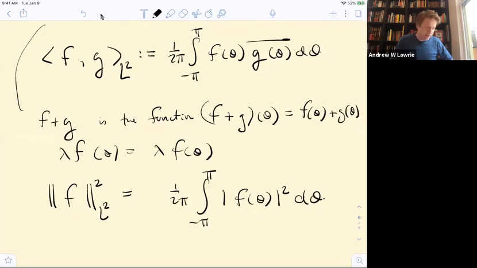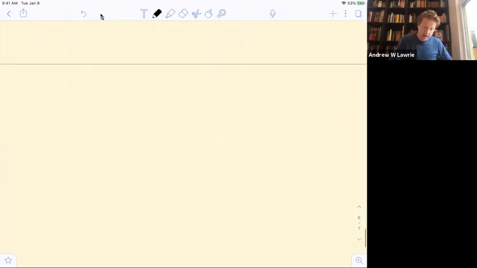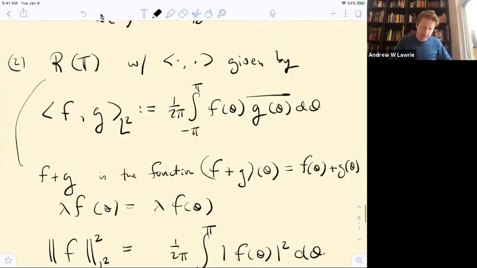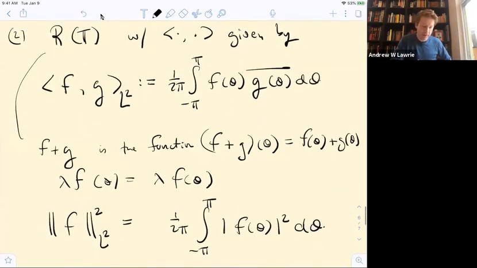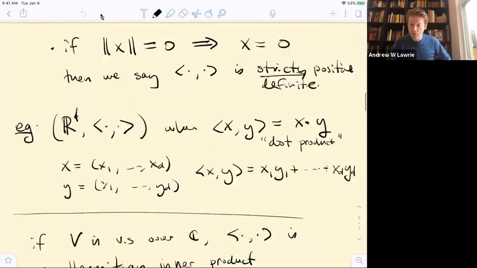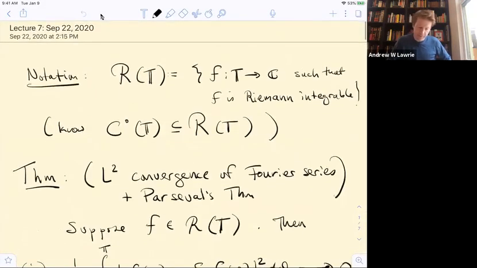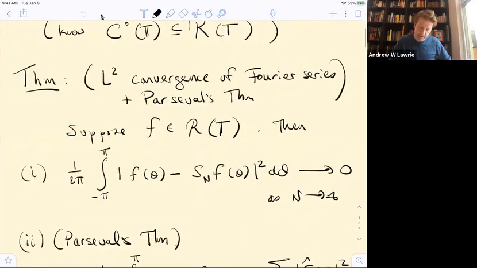Okay, so these are the two examples we're going to consider, and let me reframe the theorem that we stated at the very beginning of class. This is Parseval's theorem and its L2 convergence.